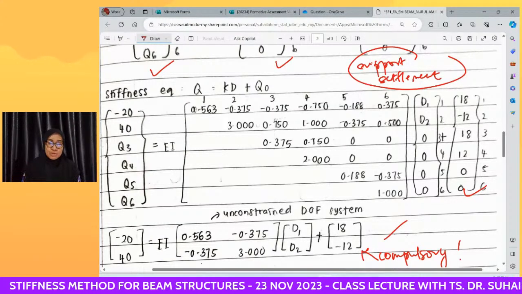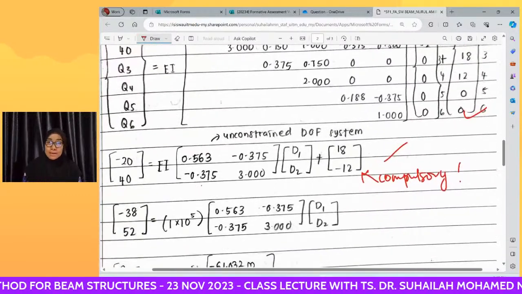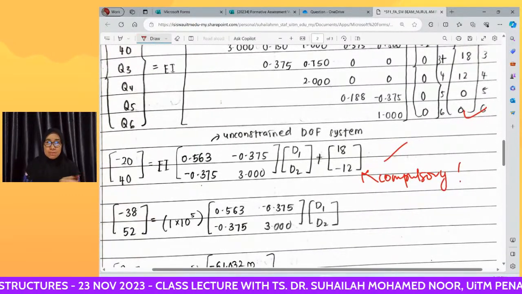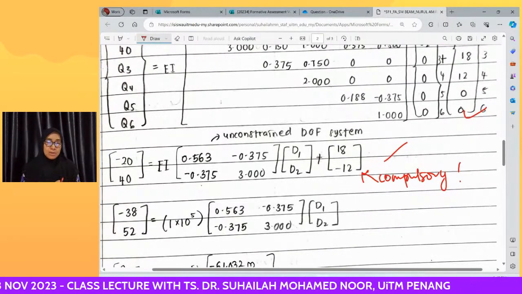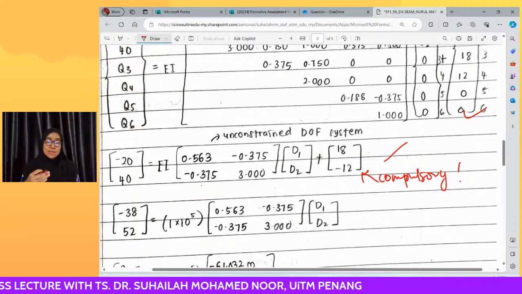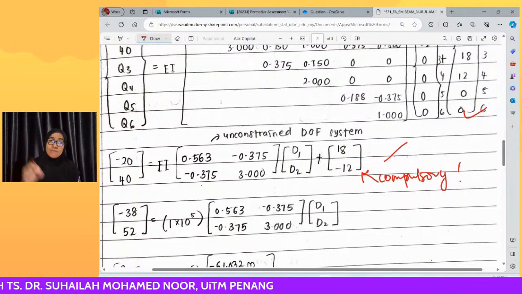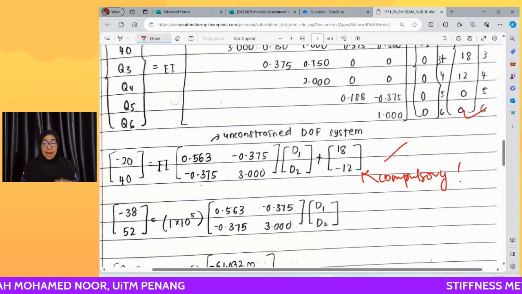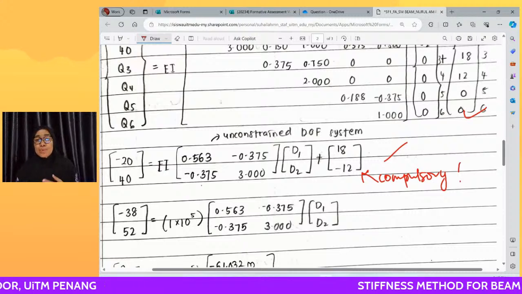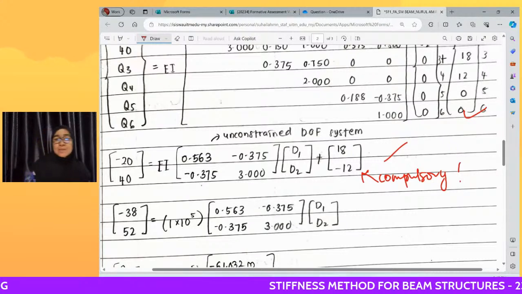It is just enough for you to write the equation in the unconstrained degree of freedom system only, because when we solve this we get displacement, unless the support settlement is given.